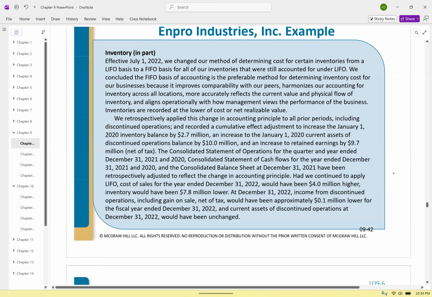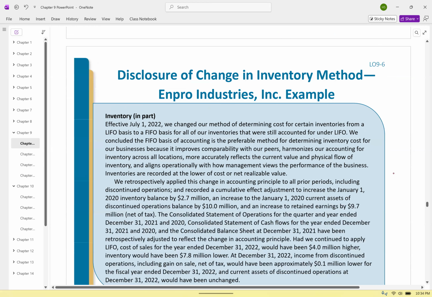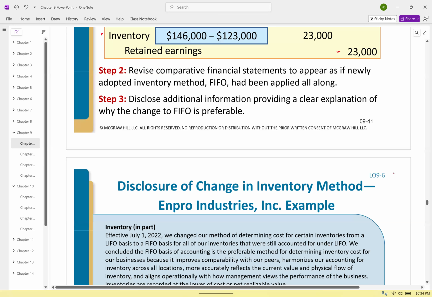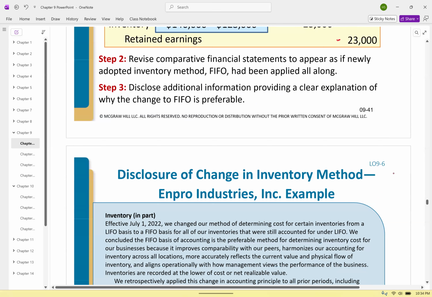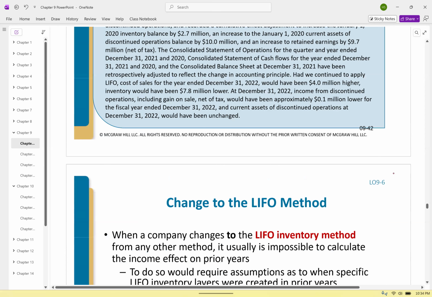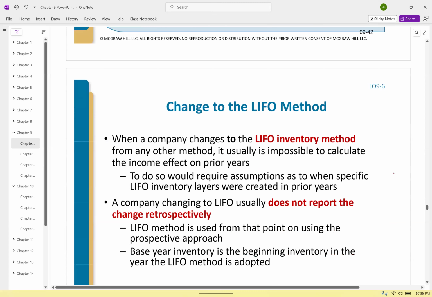Why did they change to it? Usually, the reason they change is because they're going to have a huge loss because they ate away some of that LIFO layer. That's usually what they do. When a company changes to LIFO from any other method, it's usually impossible to calculate the income effect on prior years.